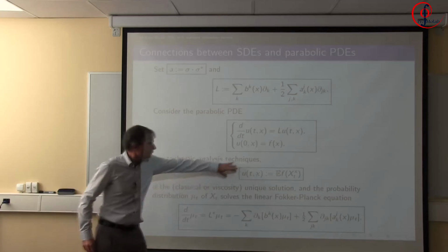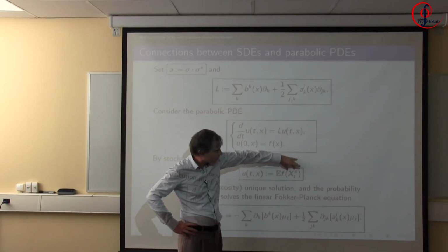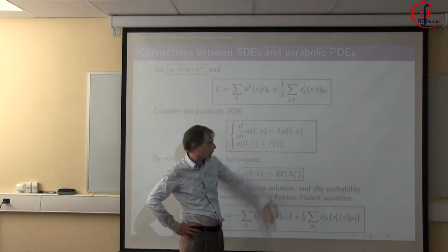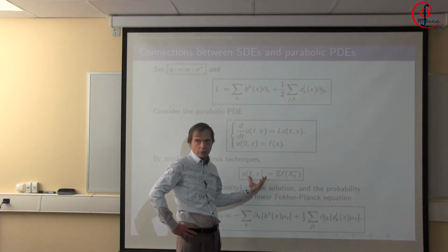So look at this, for example. If you have independent samples of capital X, the solution of the stochastic differential equations, then you can use a Monte Carlo method to approximate u_t of x.